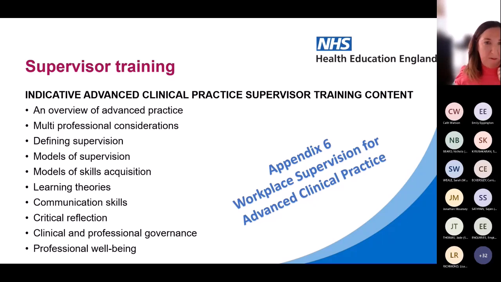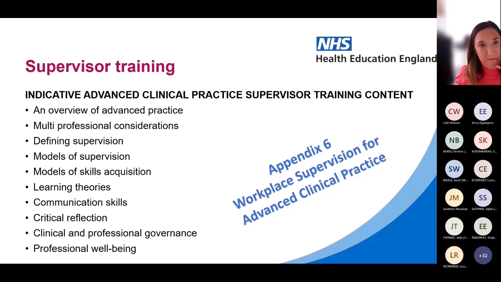Clearly, we need to think about the multi-professional element as well, and who's the right person to be supervising the multi-professional group. Who's really going to understand these advanced roles in different, sometimes quite niche areas? That might mean that we need to open up our supervision a bit more and work across the region, but hopefully all of this will come out in the next piece of work.